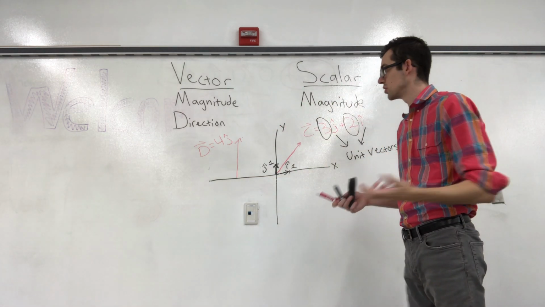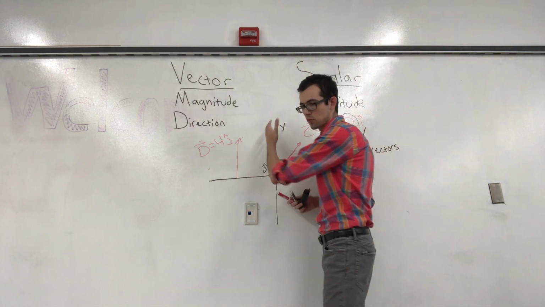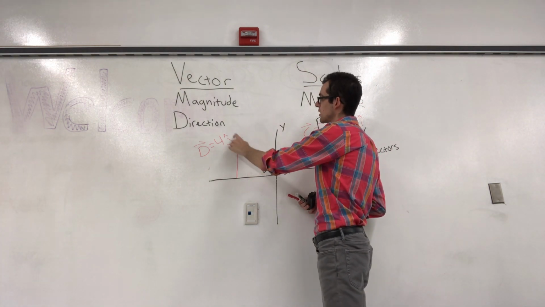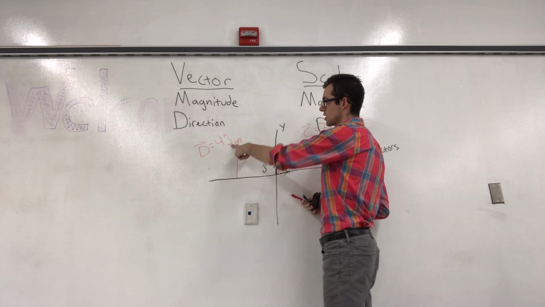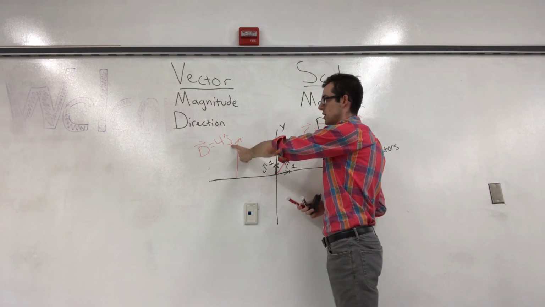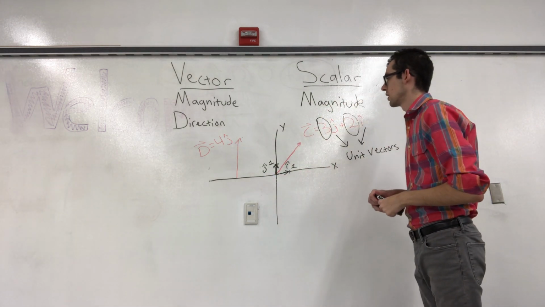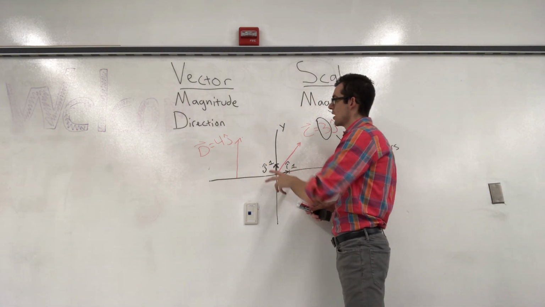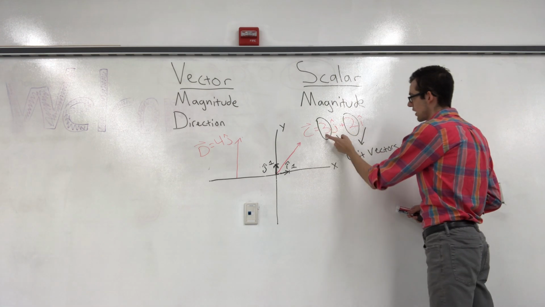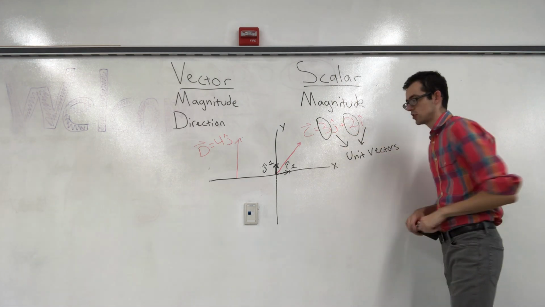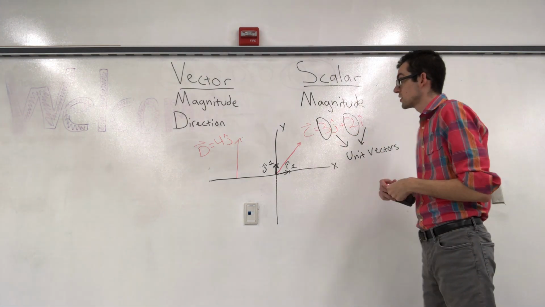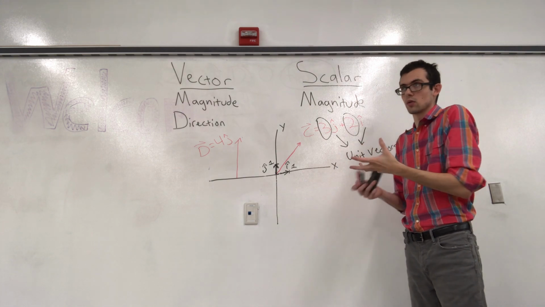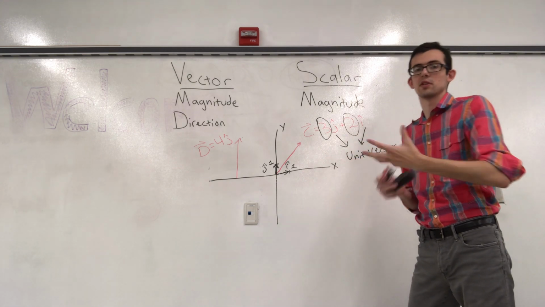If you have actual units, you could put them in there, so 4 miles, 4 meters, whatever it is. But in the positive Y direction, we use that unit vector J hat. Unit vectors are just a way to say any vector can be written by multiplying some scalar values times our unit vectors J hat and I hat, to tell us how big this is in the X direction and how big it is in the Y direction.